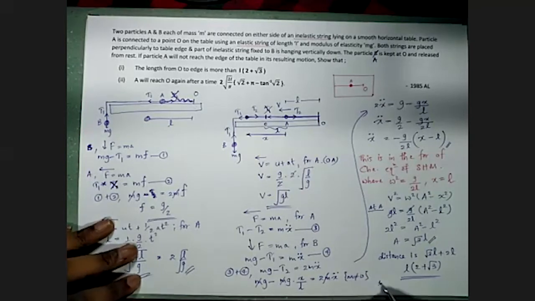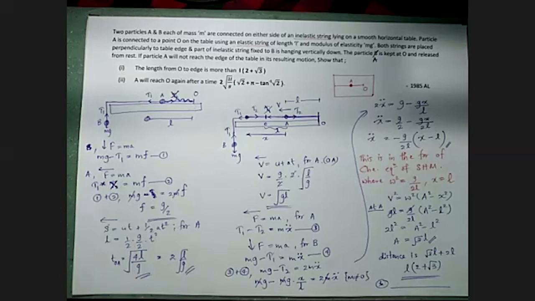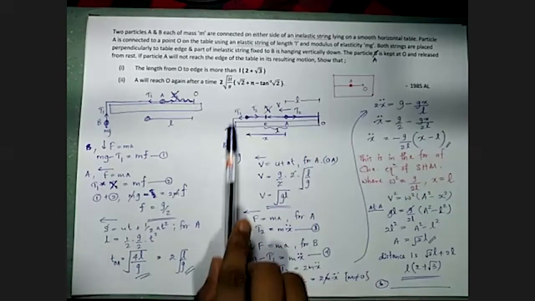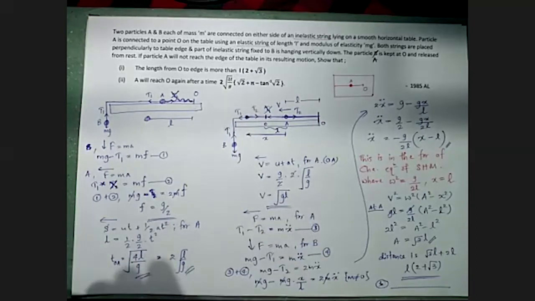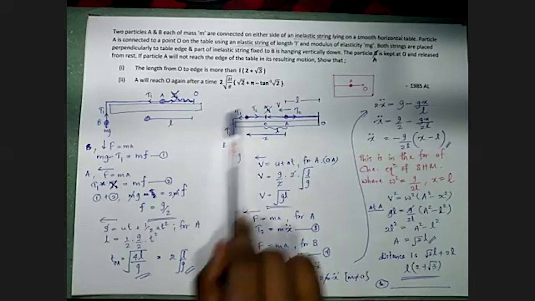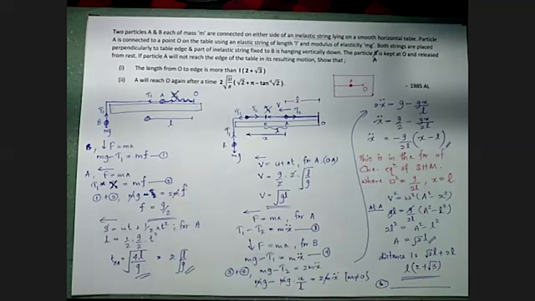So you can write that statement and finish Roman number 1. The length from O to the edge of the table is more than this. Then only particle A will not reach or fall from the edge of the table. Okay, so this is the answer for Roman number 1. Take a screenshot. It's a little bit tough because we have to consider a horizontal motion.